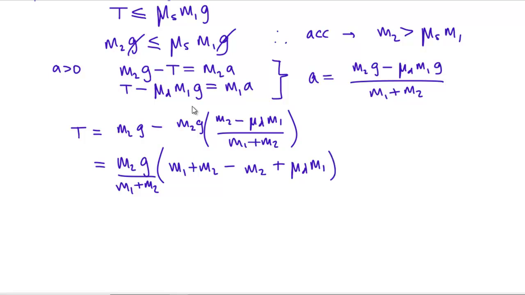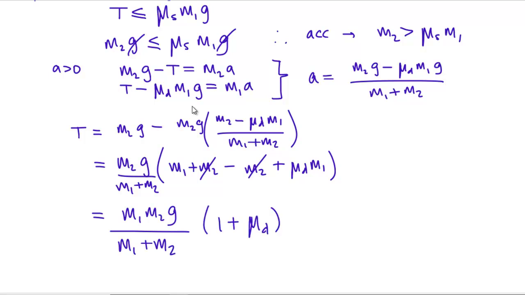So what have we got on all of that? So that cancels with that. And we can take the M1 outside and left with a 1 plus mu d. So we got M1 M2G over M1 plus M2 multiplied by 1 plus mu d. That's a bit of a mess, but it wasn't very hard to work out.